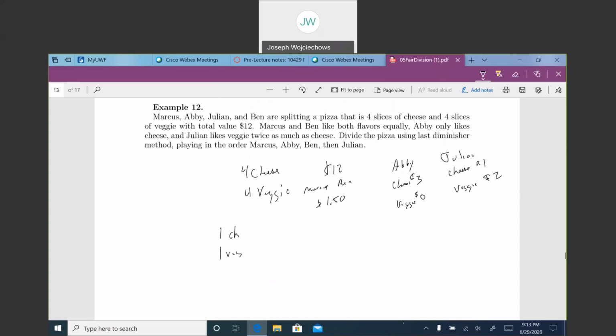That works out fine. And who's next? Abby. To Abby, that's a fair share, but it's just exactly a fair share, so she's not going to want to slim it any. Now to Ben, that's a fair share, so if Ben cuts it any, he's losing value. And same with Julian. So essentially, Marcus is going to get that piece, or those 2 pieces.